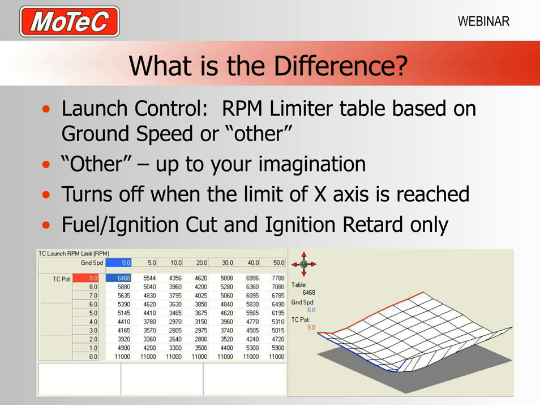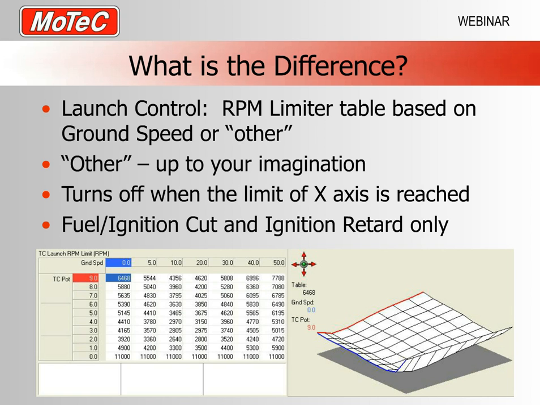Now you'll notice in my first point there I say that the limiter is based on ground speed or other. The other is kind of up to your imagination. If you remember things like the four-wheel drive car, we don't really have ground speed or a decent measure of ground speed. So various things that people are using are things like timers.